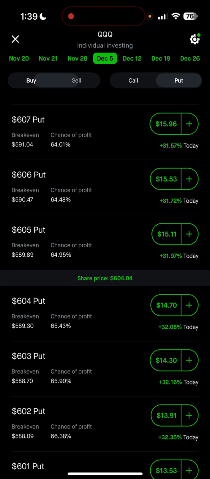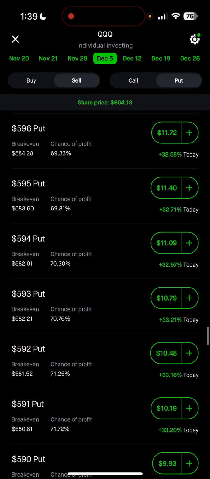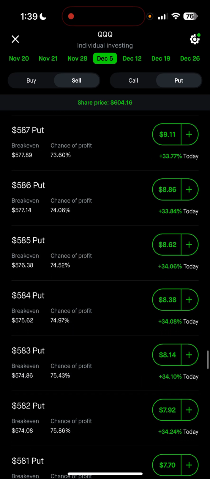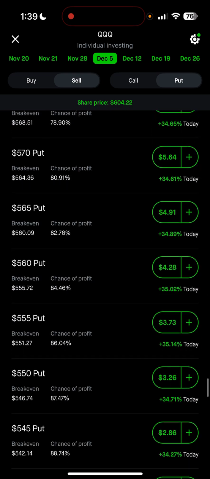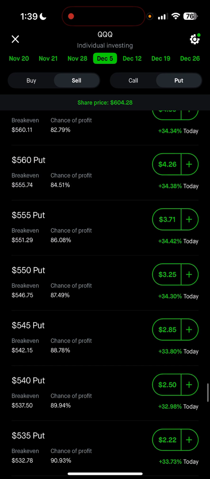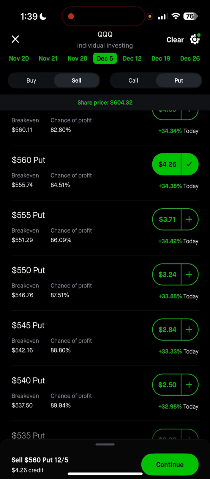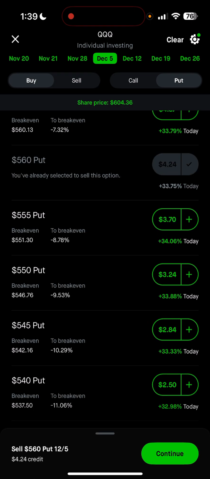Again, this is just an example. We're going to sell the put. We're going to go down to chance of profit, 85. Let's go to the 560 here. We're going to buy the put, $5 below that for protection.